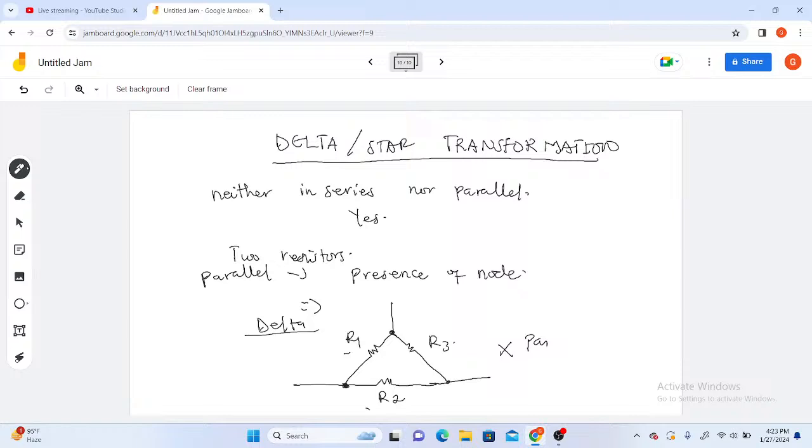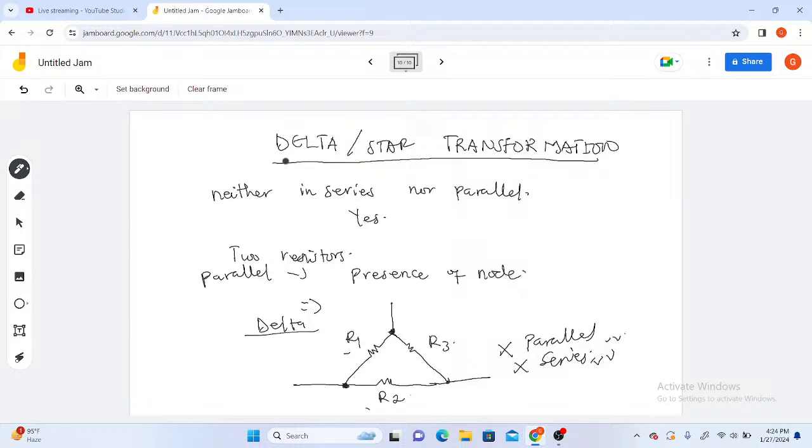When I take R2 and R3, there's a node here, so they are not in series, and when I traverse through them, I meet R1, so they are also not in parallel. Likewise, R1 and R3: there's a node here, so not in series, and I meet R2, so not in parallel.